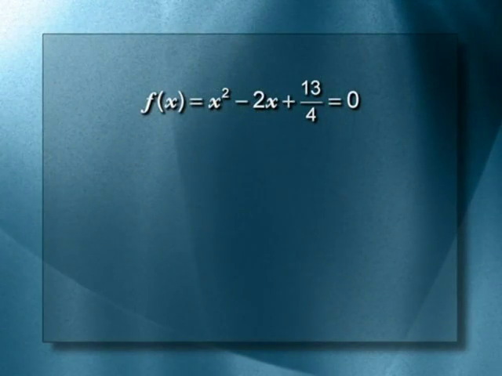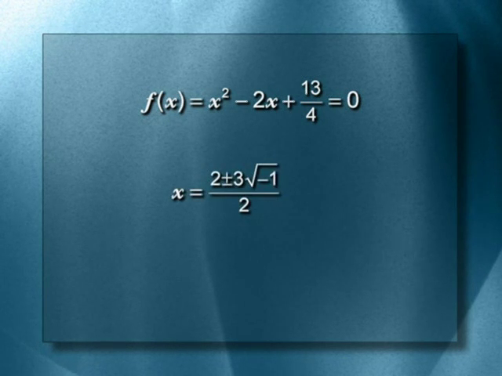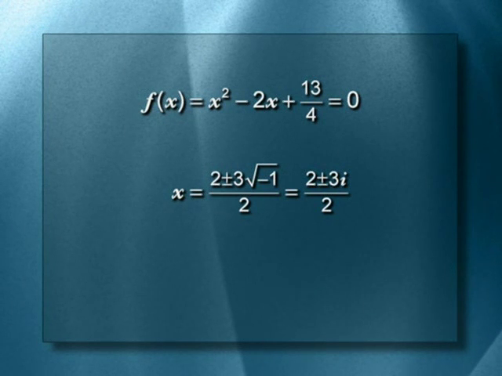Okay, let's go back to that old example again and now write the answer using complex numbers. Remember, our polynomial was x squared minus 2x plus 13 over 4, and we wanted to find the zeros. And we used the quadratic formula, and we obtained that x was 2 plus or minus 3 square roots of minus 1, all divided by 2, and that's 2 plus or minus 3i divided by 2.